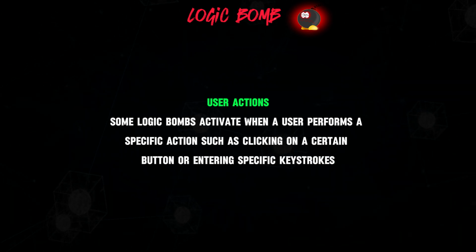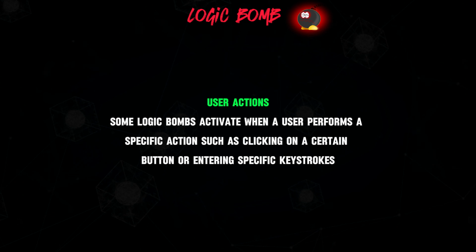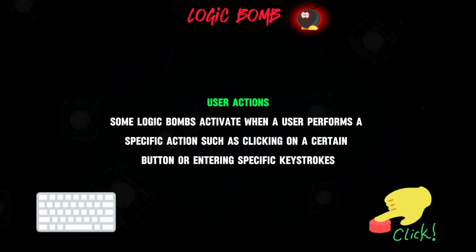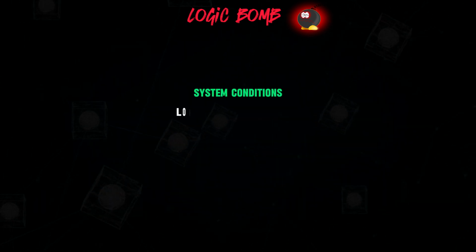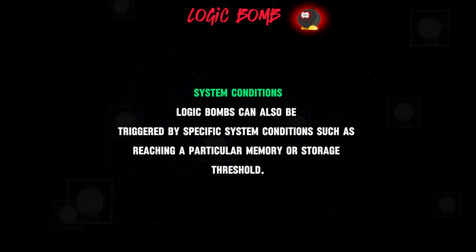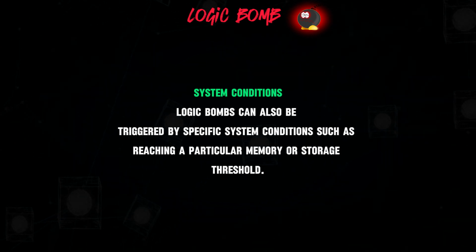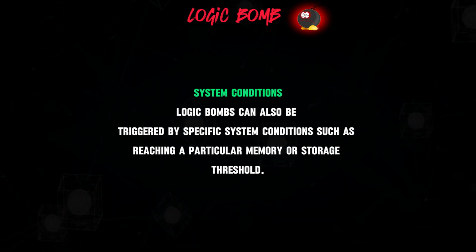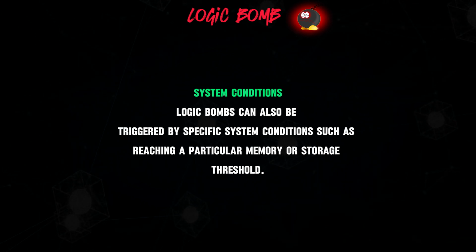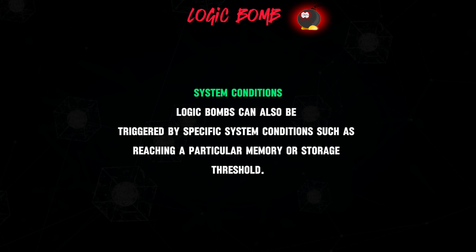Some logic bombs activate when a user performs a specific action, such as clicking on a certain button or entering specific keystrokes. System conditions. Logic bombs can also be triggered by specific system conditions, such as reaching a particular memory or storage threshold. Understanding the triggers for logic bombs is crucial for detecting and preventing these malicious attacks.